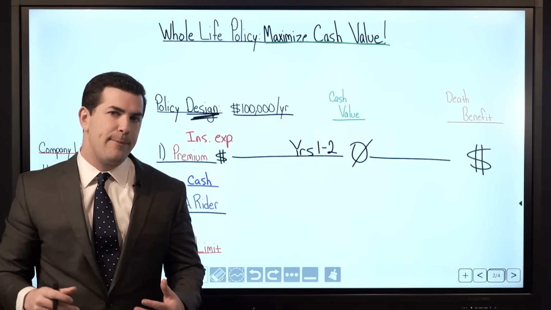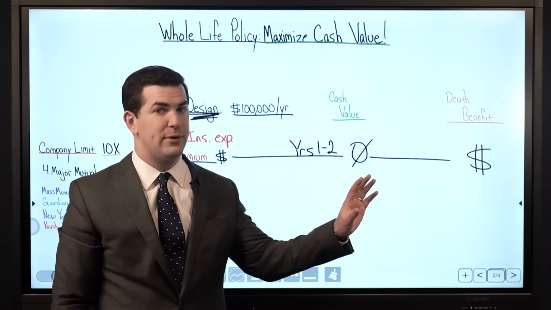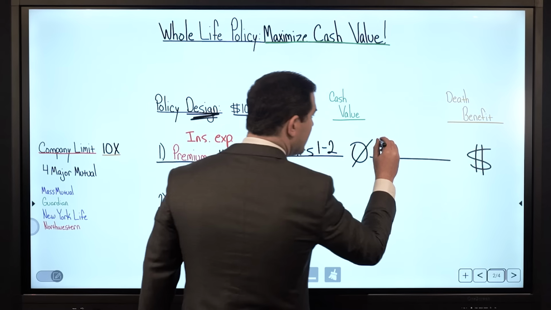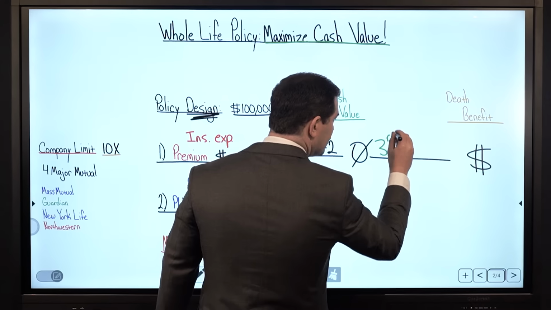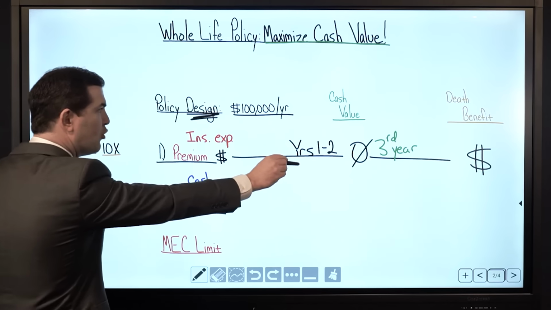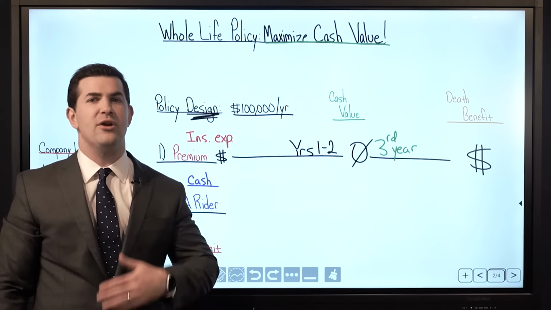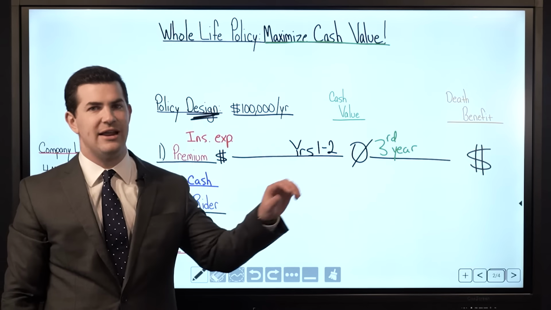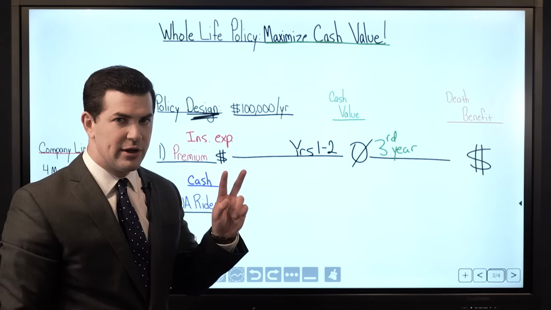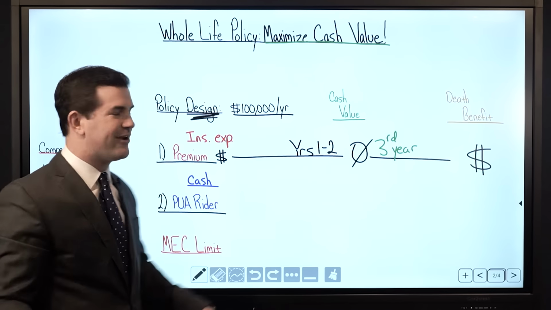Now, as time passes, as I continue to make premium payments, if I fund it for a long period of time, premium dollars do build cash value over time. With a traditional whole life insurance policy, typically you'll find that premium dollars show up in cash value beginning the third year. Those begin then to earn the guaranteed rate, any dividends, I can access it, and it gets better and better as time passes. But the first 2 years, I'm behind the curve, nothing to show for it, doesn't look that good.